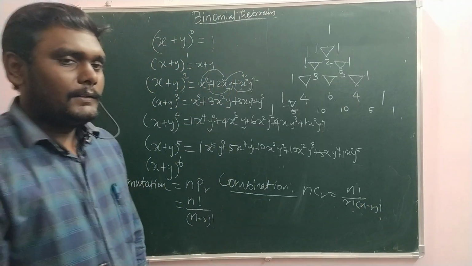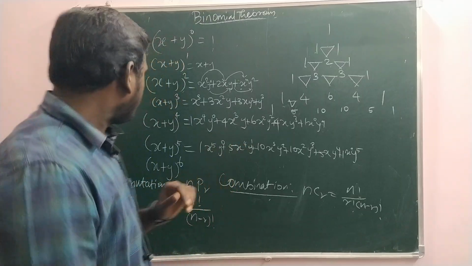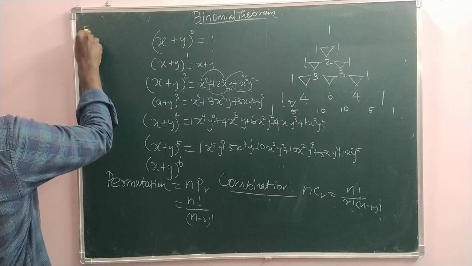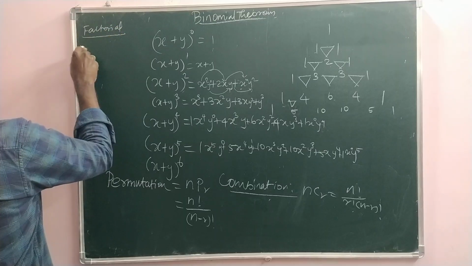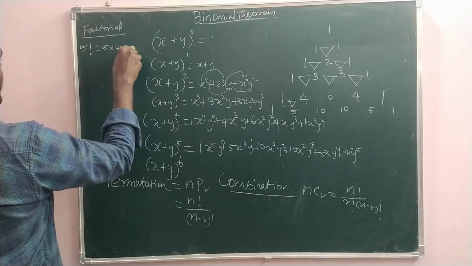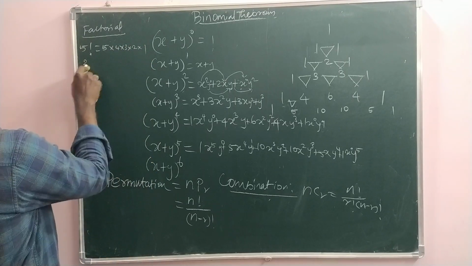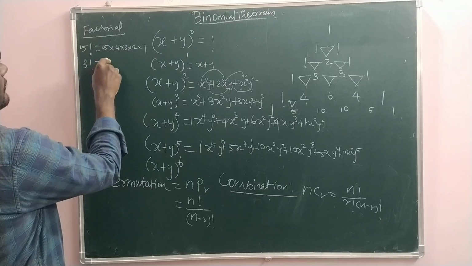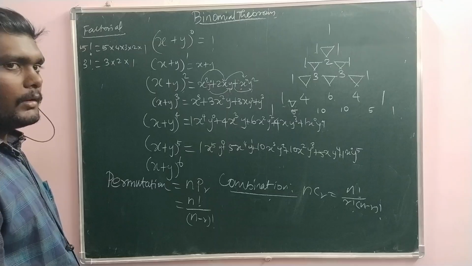See, that factorial is nothing but a product of numbers. Okay. Let me write here factorial notation. Suppose they say 5 factorial, it means 5 into 4 into 3 into 2 into 1. Okay. 3 factorial means 3 into 2 into 1. Okay.